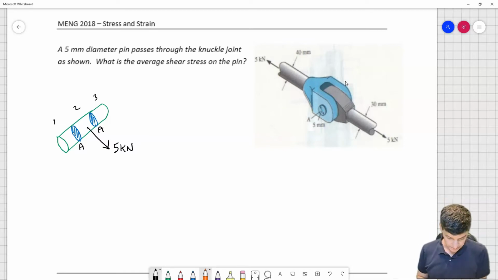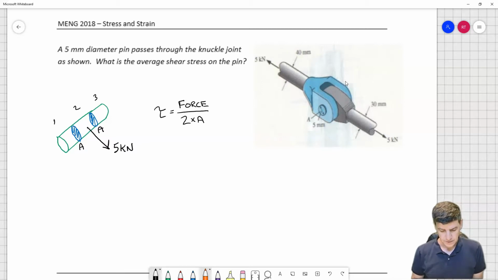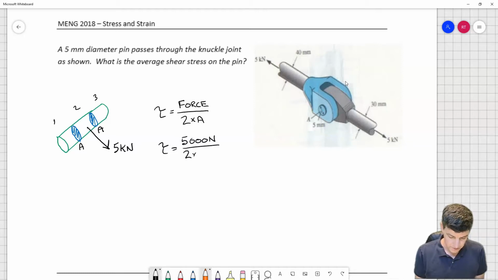In this case, if I want to figure out my stress, my shear stress is going to be the force divided by 2 areas, because it's going to break in 2 places. My shear is going to be 5,000 newtons divided by 2 times my area. Maybe I'll figure out the area over here.